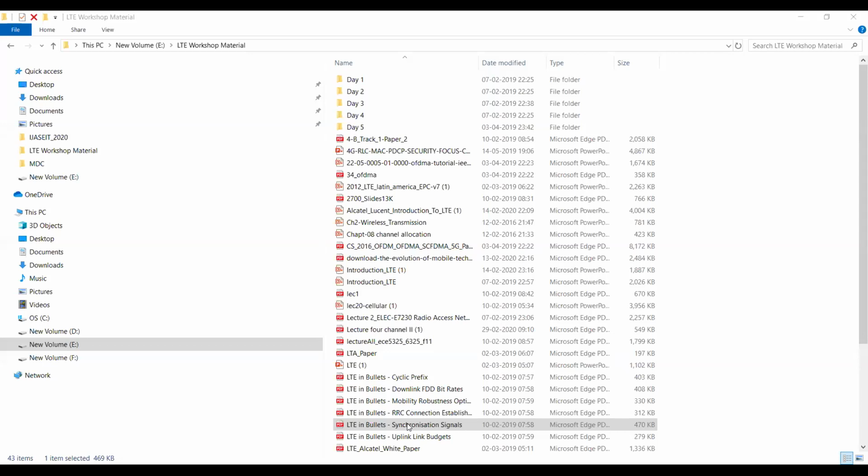That is the PSS. And the secondary synchronization signal is the last but one symbol in time slot 0 as well as time slot 10. I hope it is clear.